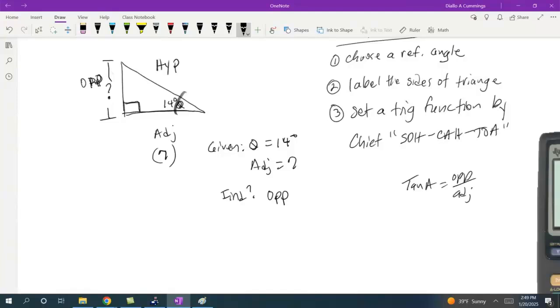It's 14 degrees. So I'm going to write this out as the tangent of 14 degrees. That's equal to the opposite, which is what we're trying to find, divided by the adjacent, which we were given as 7.